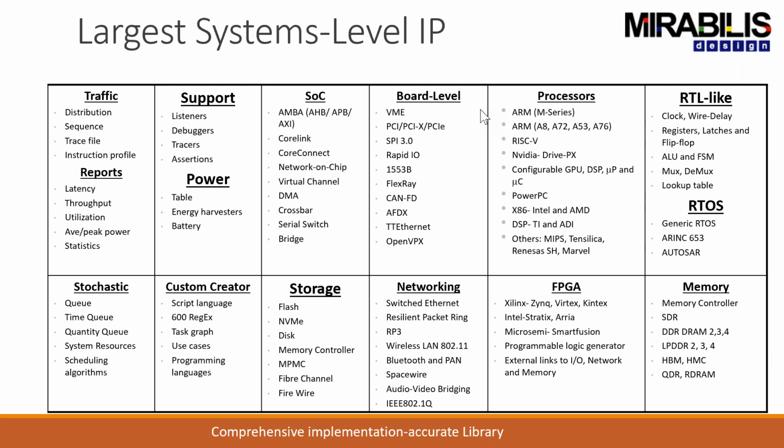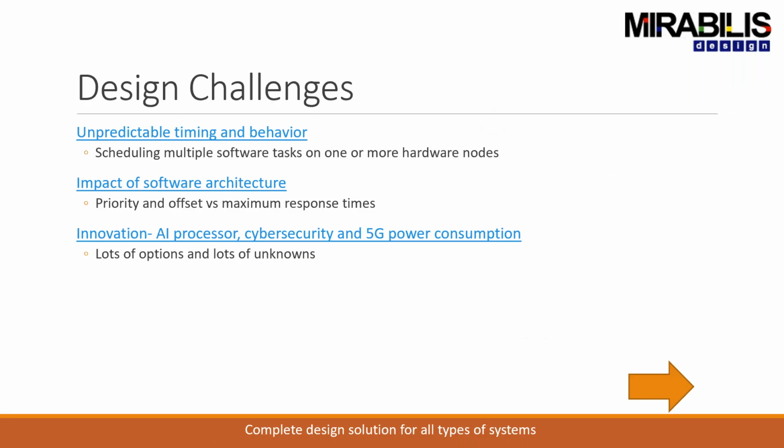As you go towards the middle, you see more systems, networks, and finally more detailed cycle accurate, sometimes spin accurate modeling. So VisualSim covers the entire gamut of tools and technology that is required for you to assemble your system. Now, what are the design challenges that make architecture exploration absolutely essential for your design?